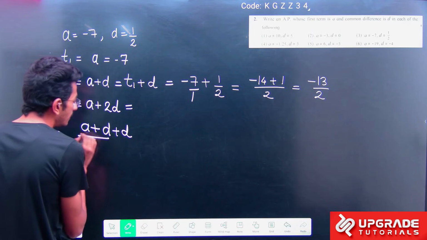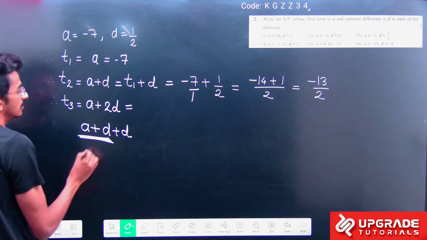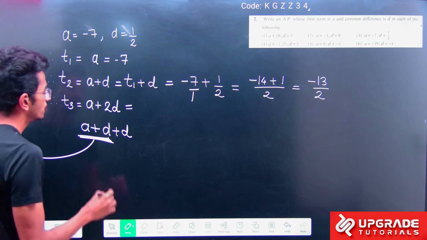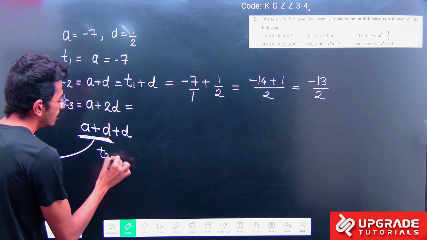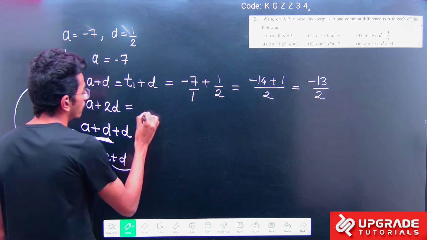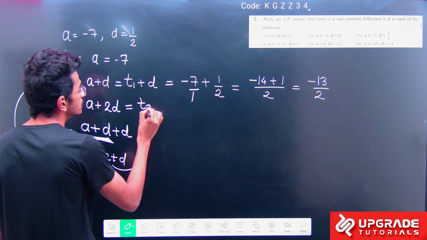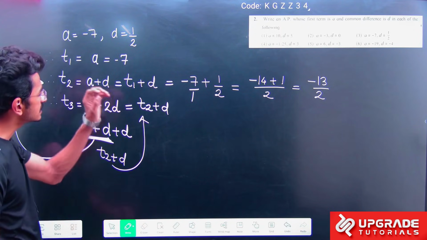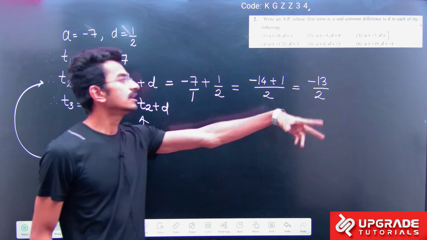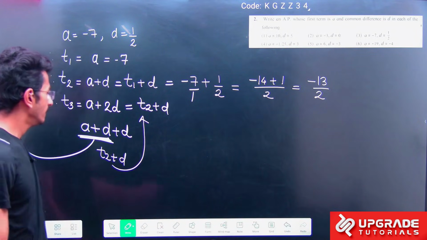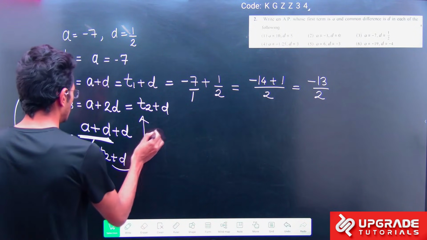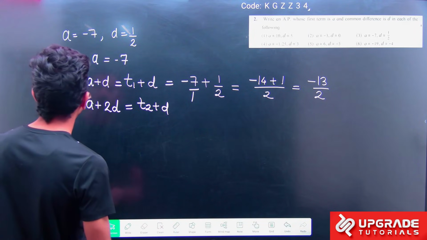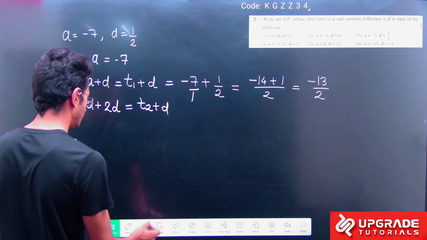And this A plus D is T2, so I can write T2 plus D. So the formula becomes T2 plus D. It is very easy to just add D to the term above. Very easy.